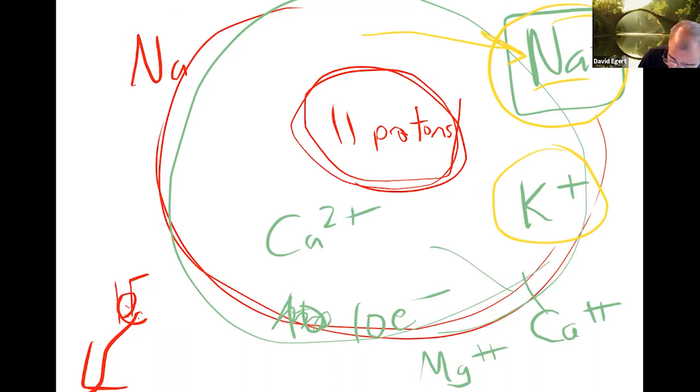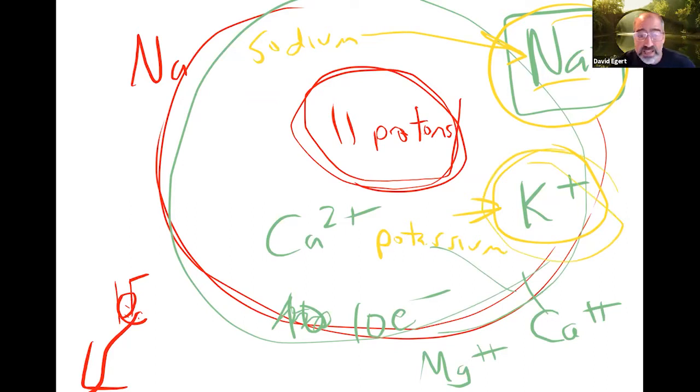You definitely want to know that K and that Na should just instantly be triggered in your mind as potassium and sodium. Initially you might be translating it in your head, but eventually it's just instant. Things like Ca for calcium are a little easier.